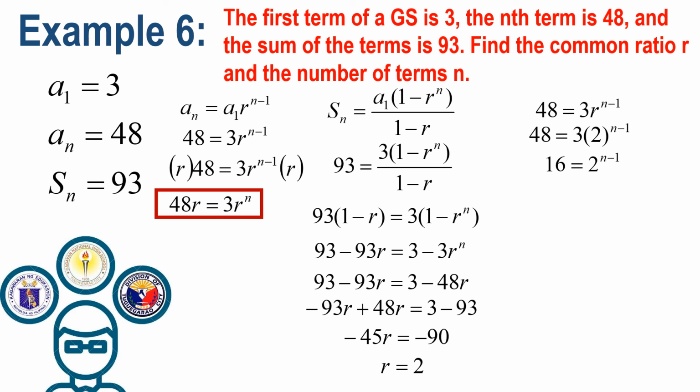Now we know very well that 16 can be expressed as an exponential expression to the base 2. And 16 is the same as 2 to the 4th power, and that must be equal to 2 raised to n minus 1. Now, since the two sides of the equation have the same basis, we are now ready to equate their exponents. So we now have 4 is equal to n minus 1, or solving for n now will give us a value of 5. Therefore, there are 5 terms in that particular geometric series. So our r is 2 and our n is 5.